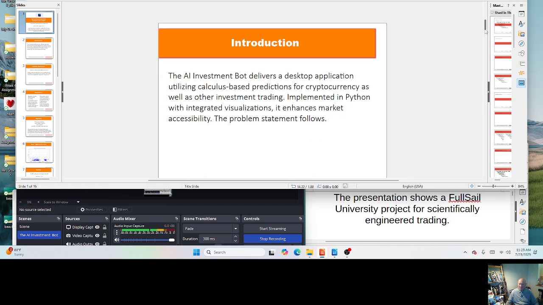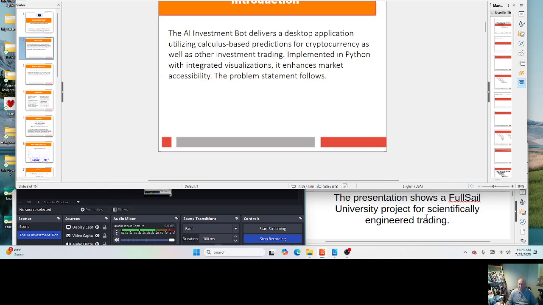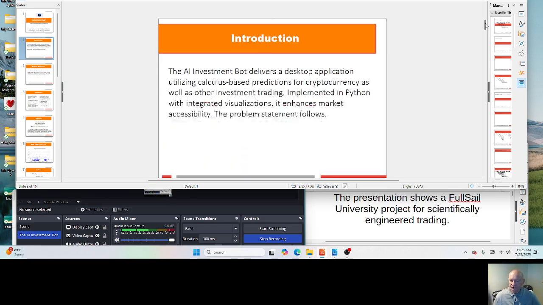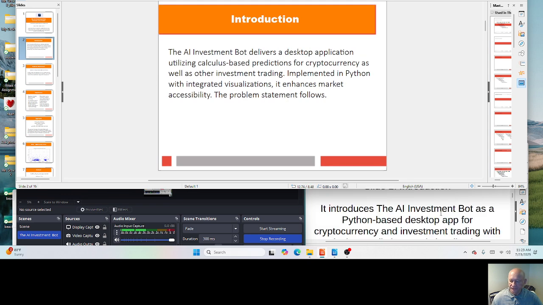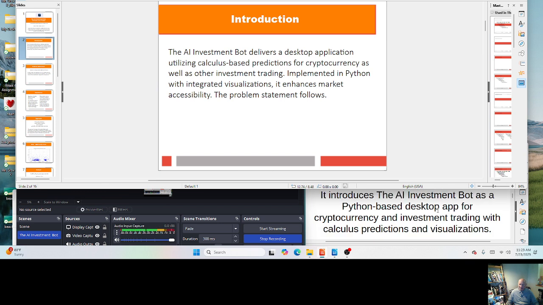In slide 2, I note the introduction. It introduces the AI investment bot as a Python-based desktop app for cryptocurrency and investment trading with calculus predictions and visualizations.